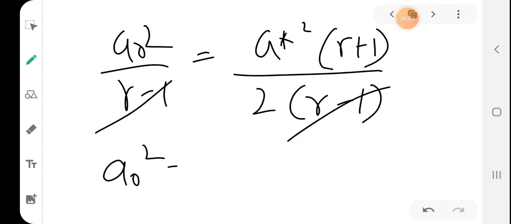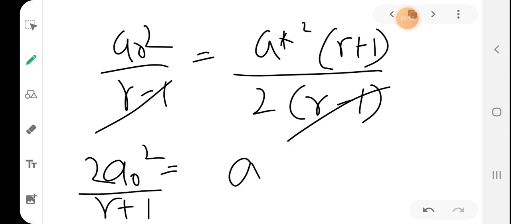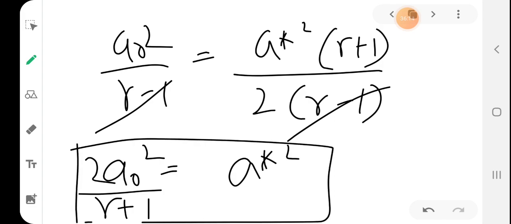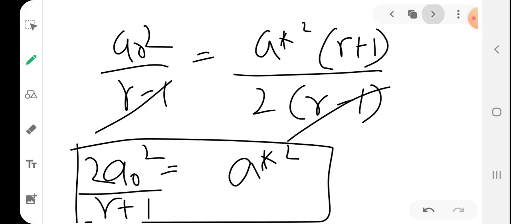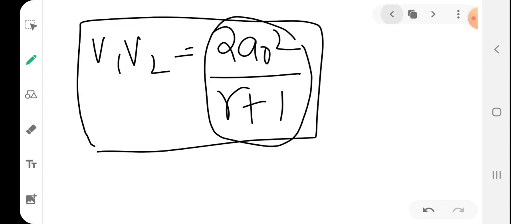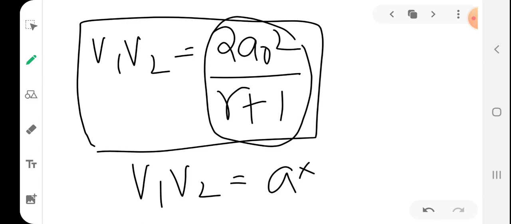It means 2 A0 square by gamma plus 1 is A star square. So students, just note that this term, 2 A0 square by gamma plus 1, is A star square. So I can substitute here V1 V2 as A star square.